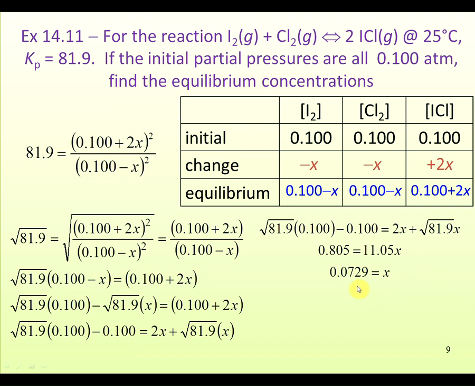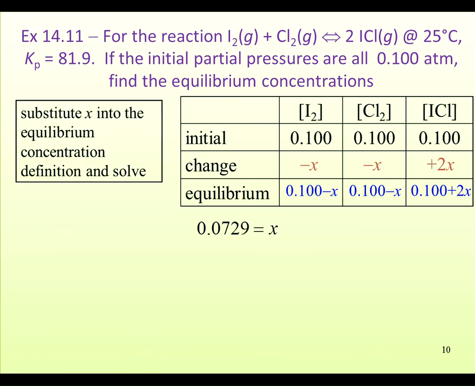So now that we've got the value for x, we can substitute into our ICE table and solve for the equilibrium concentrations of each of our reactants and products. So there is our x value that we found on the previous slide. Now we're just substituting in.